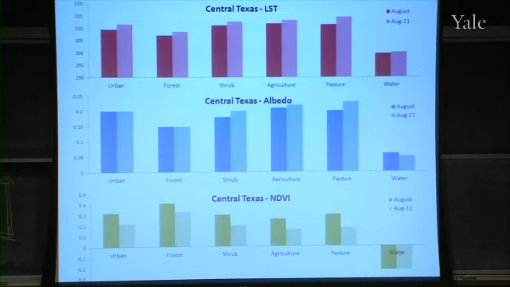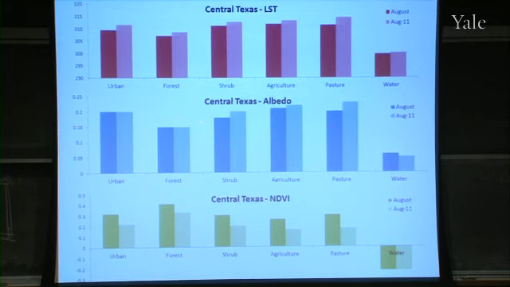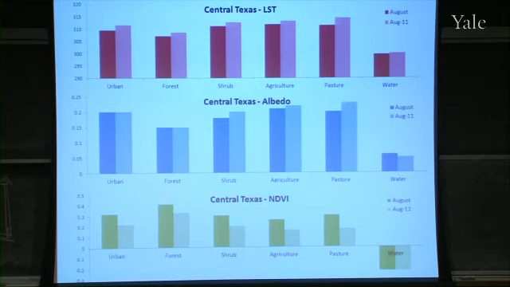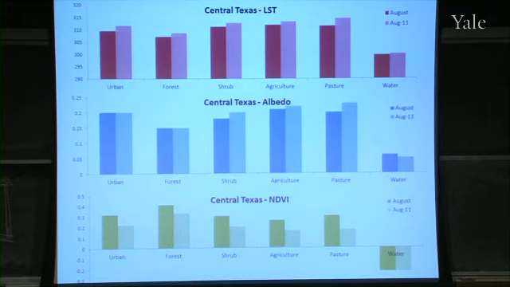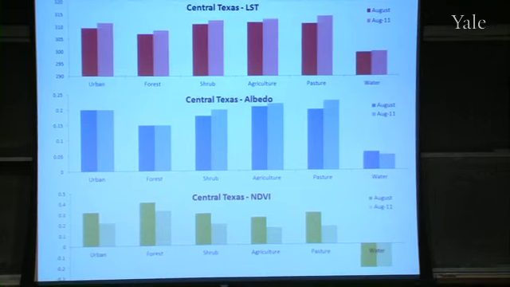I'm going to be pointing out some differences that I think are important here, but you don't see it much in these diagrams. Perhaps, for example, the albedo goes up a little bit more for pasture land. But the shrubland jumps up quite a bit as well. Not as much in the forest, not as much in the urban. You have to look at all these together to get some kind of overall summary.